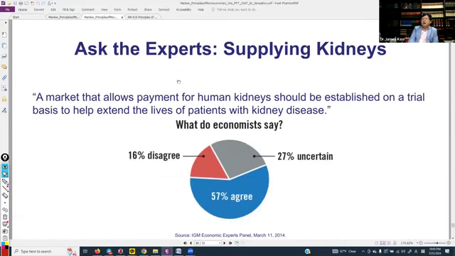Ask the expert: supply of kidneys. How about the human kidney? Is the human kidney comparable to an ordinary economic good? No, the human kidney is not easy. Should a market that allows payment for human kidneys be established, on a trial basis, to help extend the lives of patients with kidney disease?